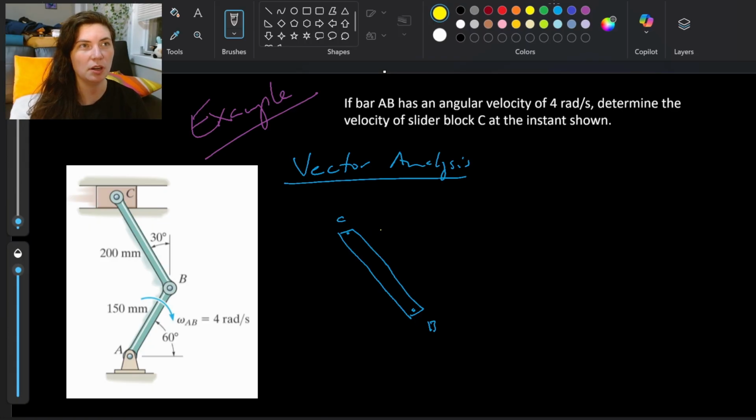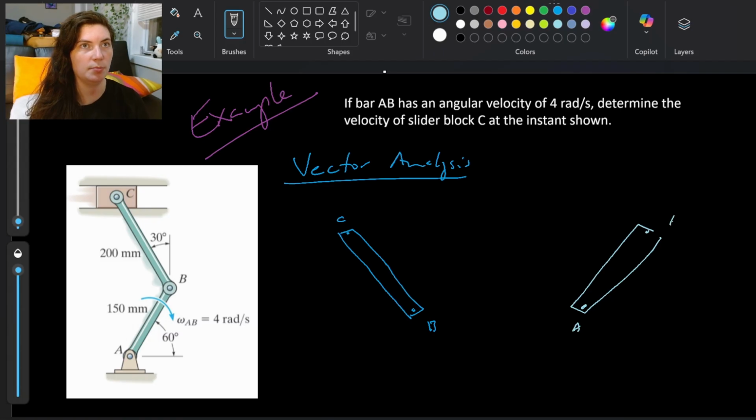Maybe it would be better if I start at what I have known, right? That angular velocity of AB is 4 radians per second. So instead of trying to force my way through CB, even though I want to find that velocity of C, I'm actually going to start with bar AB.